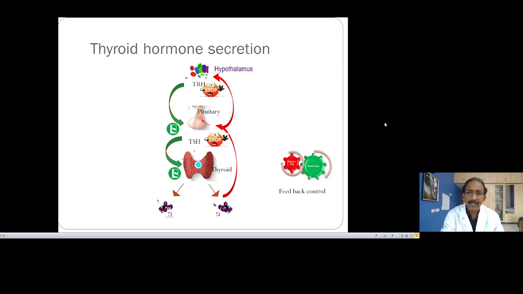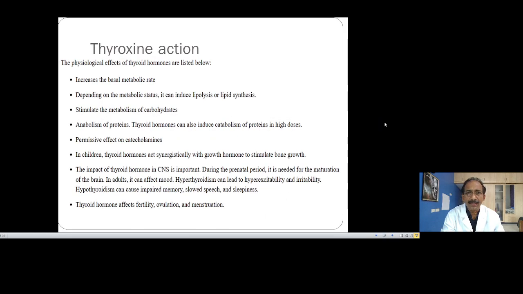So the TRH secretion is reduced, TSH is reduced, and eventually T3 and T4 secretion is reduced. And once it goes below the target level, then again the TRH is secreted through the usual mechanisms.